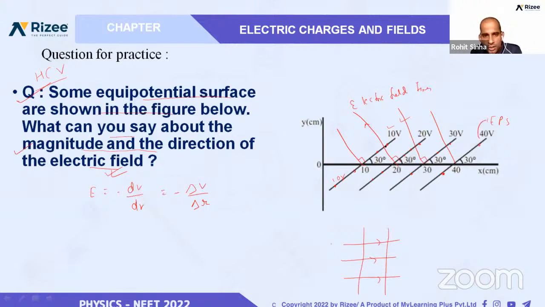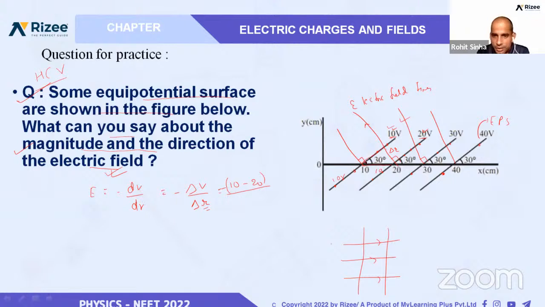It is given that the potential changes from 20 volt to finally 10 volt, initially it was 20 volt. So we write final minus initial, 10 minus 20, with one minus sign here. Now delta R is this distance, which we can find from this. This is 10 centimeter.